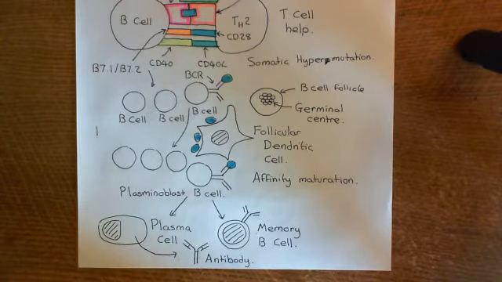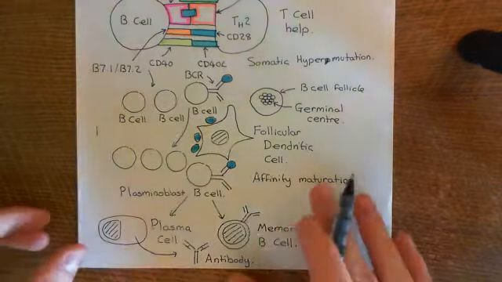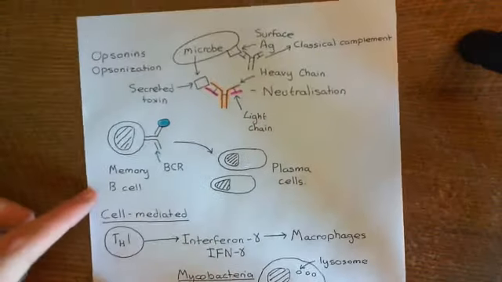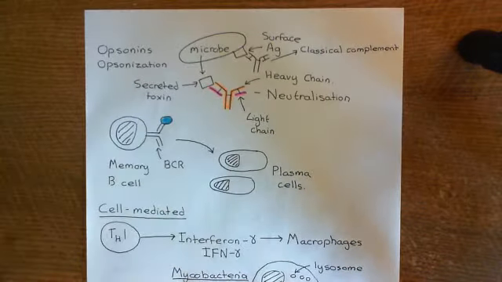Now, what do these plasma cells do? Well, they produce antibody. Now what does antibody do? Well, it's going to attack the extracellular pathogen. There are two options here. By the way, the antibody is a special soluble form of this B cell receptor.